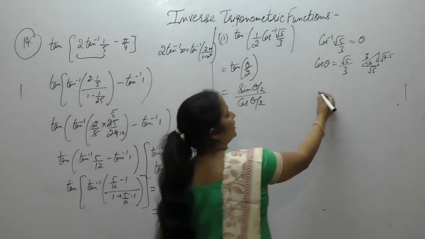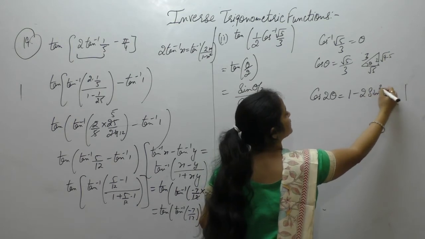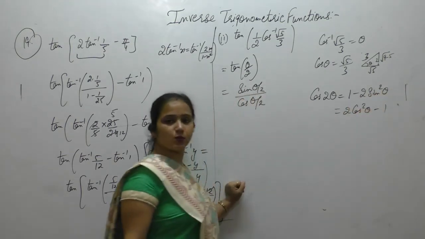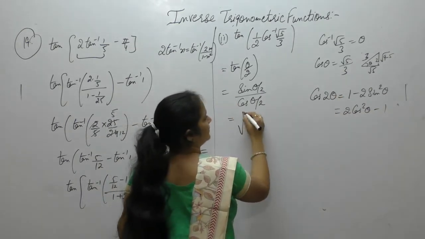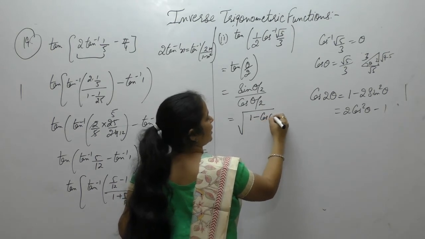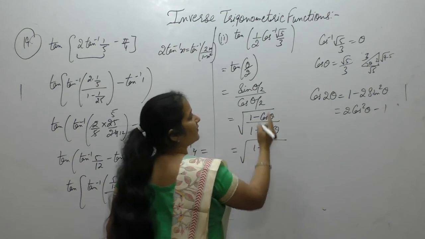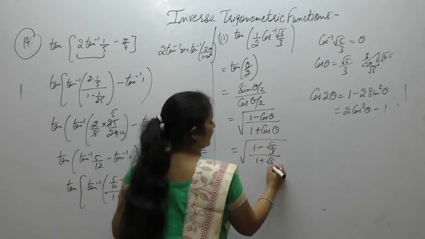Now we have the formula for cos 2 theta, that is equal to 1 − 2 sin² theta or 2 cos² theta − 1. If the angle is half, then we get (1 − cos theta)/(1 + cos theta). We have the value of cos theta, √5/3: 1 + √5/3.